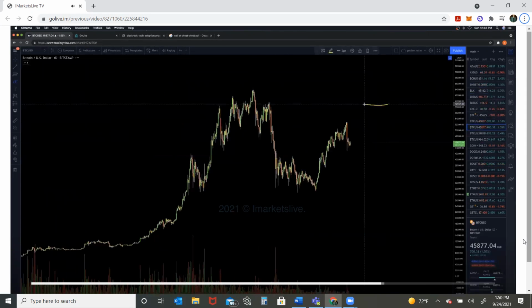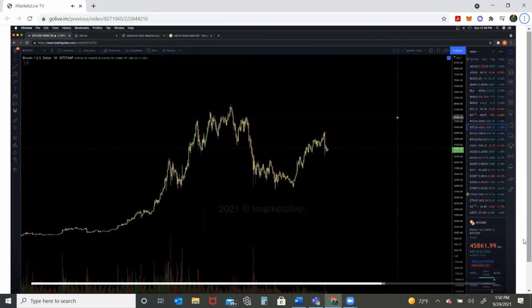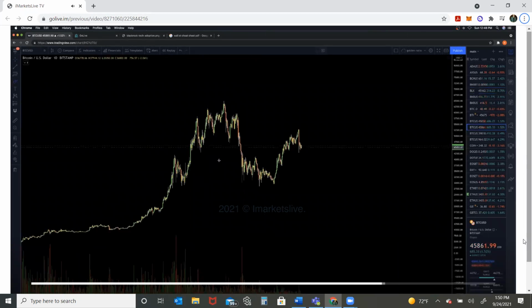I really wanted to lay the foundation of what Bitcoin is on the bigger picture, the technology, how this thing should perform, what these key levels are, why they should stick, why they should hold, and what Bitcoin is more likely to do here if it's going to perform like it has in the past and continue to become adopted and people want these coins. Then what's the most likely outcome of this situation here? Is it this, or is it some sort of move like this?